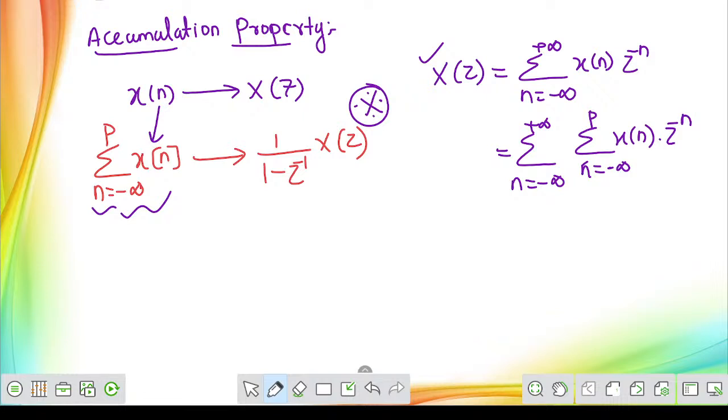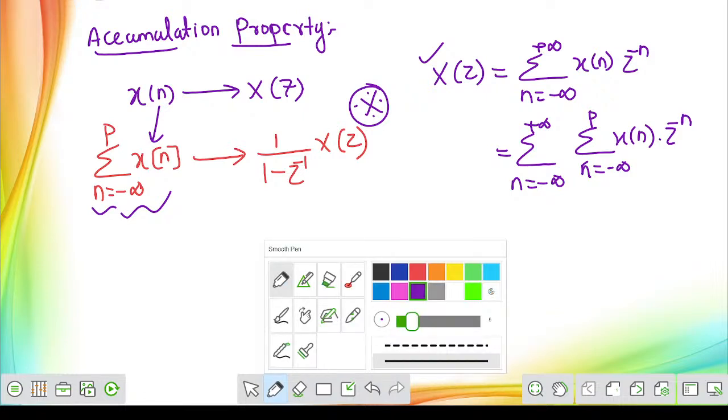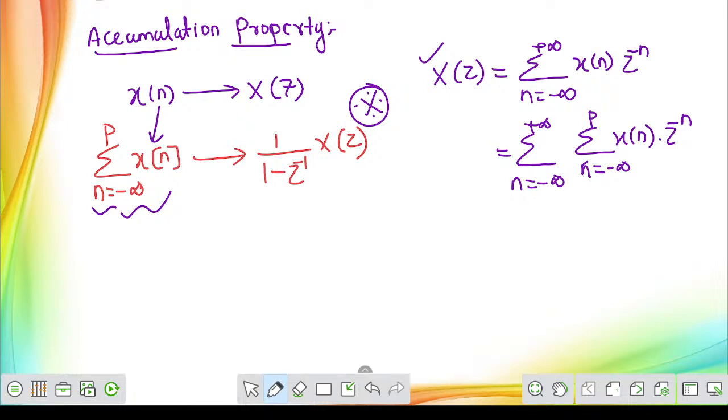In this situation, if you do not properly remember this property, you will automatically get confused, because just by observing here you may not be able to predict the correct answer. So what I would like to conclude is, whenever this type of function is given, directly consider a factor 1 upon 1 minus z power minus 1.